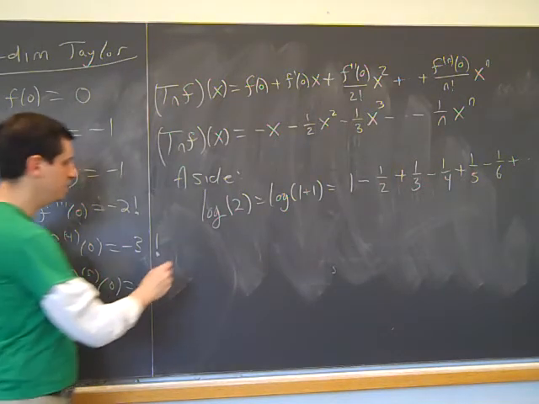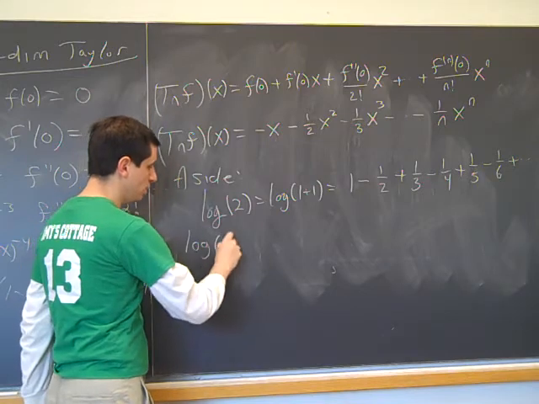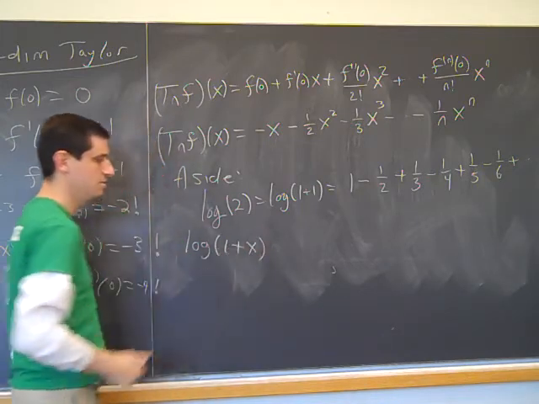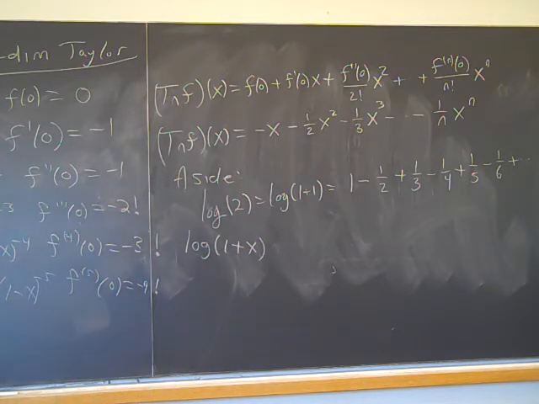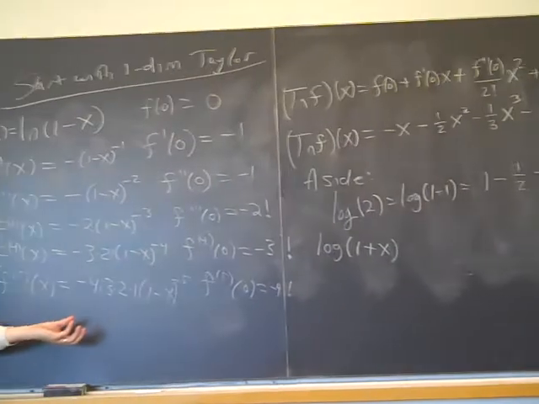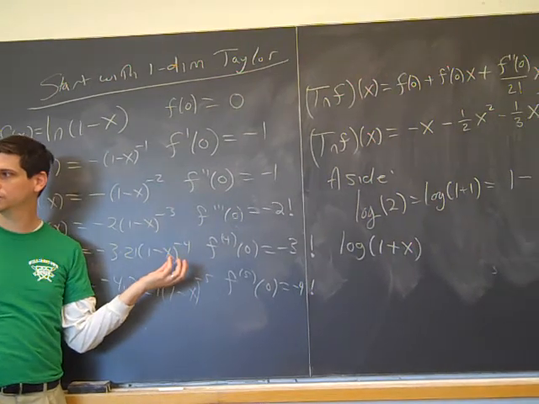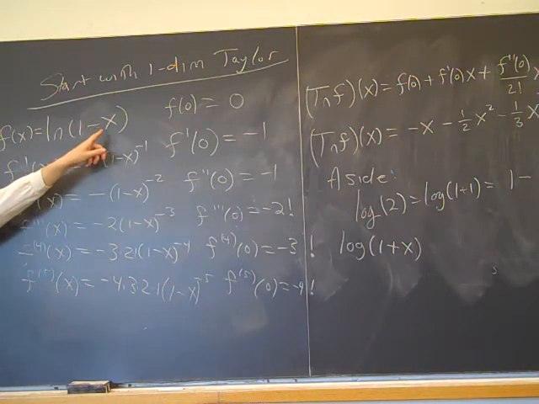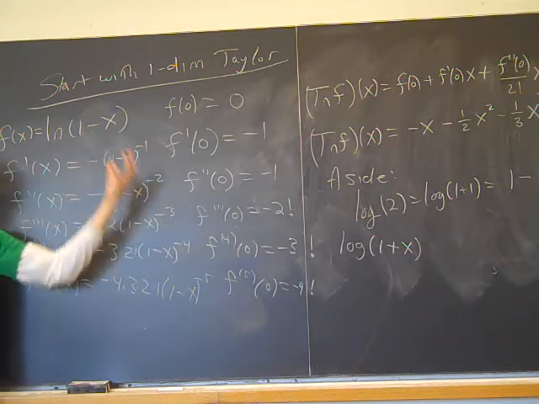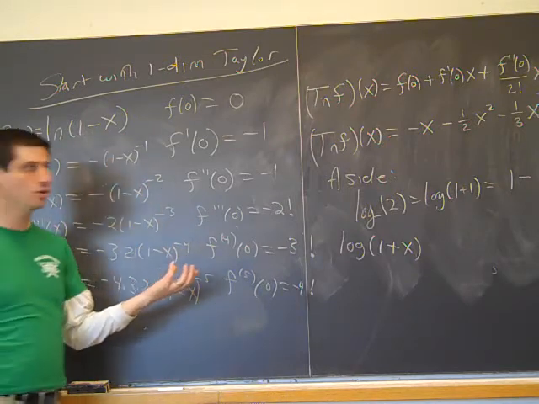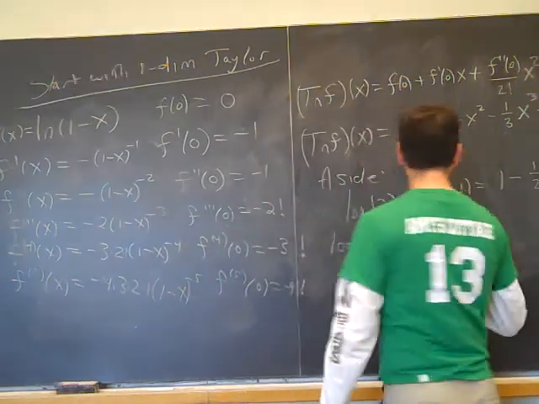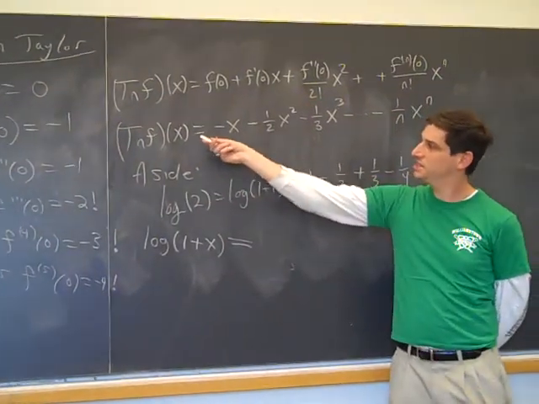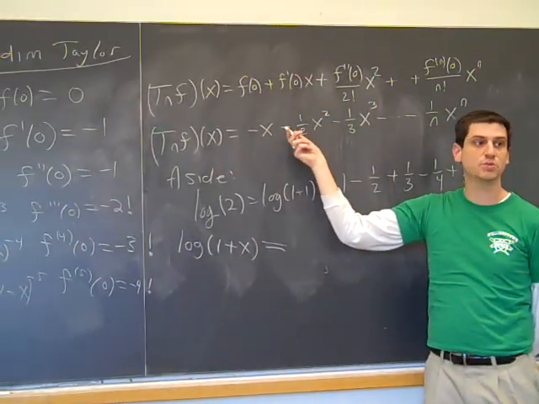If I wanted to study the Taylor series of the log of 1 plus x rather than the log of 1 minus x, could I just repeat all of this as before? I could have f of x equal the log of 1 plus x, take derivatives, evaluate derivatives, go through the whole process. Or, I could take this expansion and replace x with negative x.